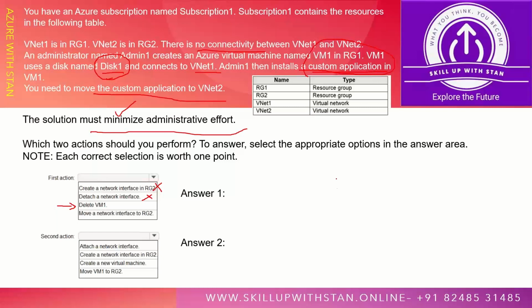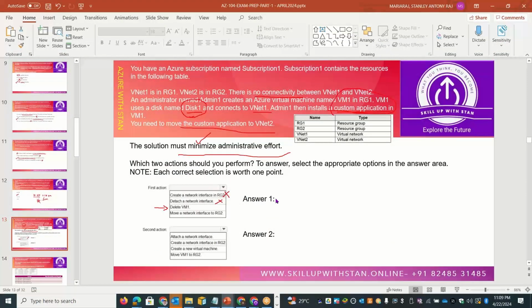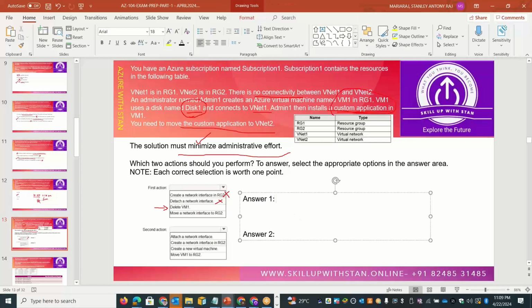That is a very important message that you need to be aware of. So delete VM1, but you have to keep disk1 because the custom application is installed on that particular disk.